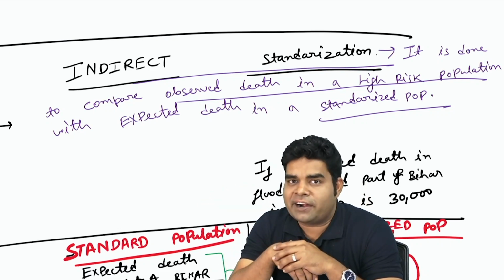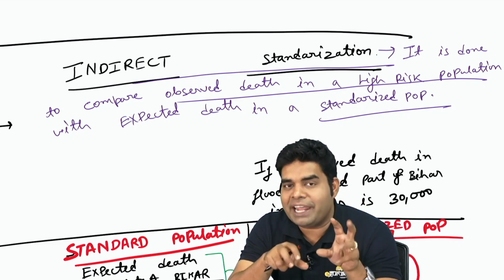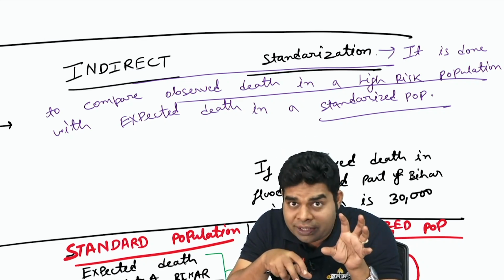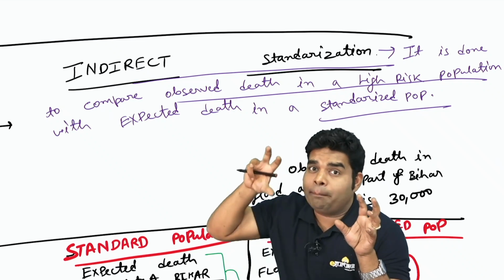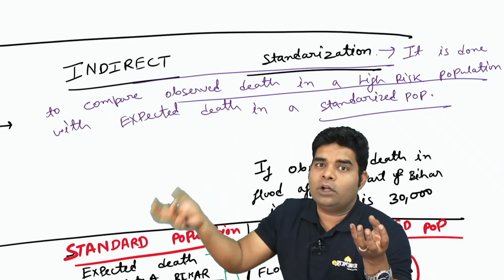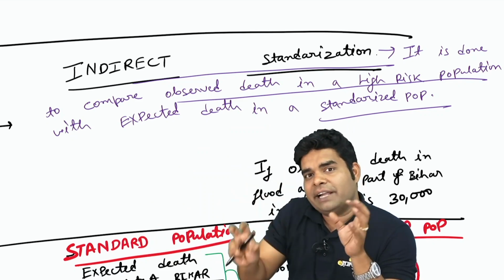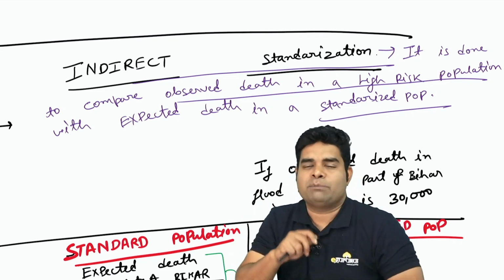That is direct standardization. But indirect standardization means one population's age specific death rate is not known. So we apply the knowledge of a standard population on this unknown population, and then we calculate how many more deaths are occurring in this high risk population.